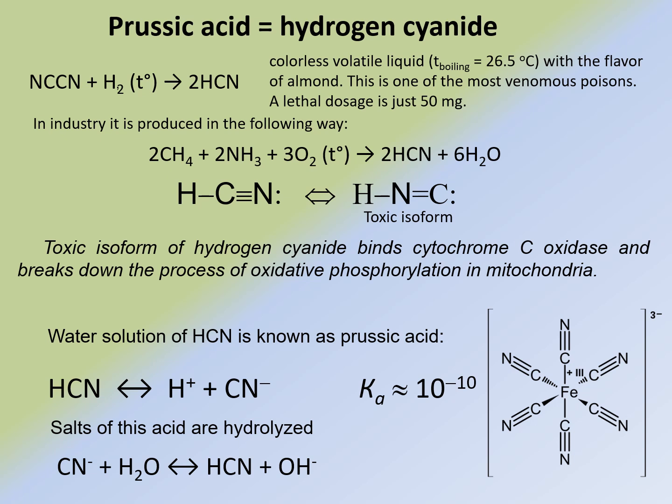The acid itself is a weak one. That's why salts of prussic acid are hydrolyzed. And that's why even not prussic acid is so famous as a poison, but KCN, that is potassium cyanide. And on the right side you can see an anion of what? [Fe(CN)6] minus.